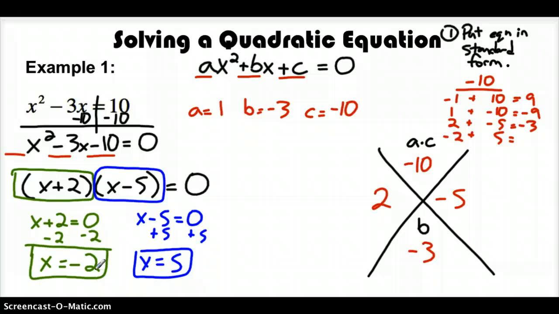Because if I plug in negative 2 plus 2 times negative 2 minus 5, your product will be 0, right? Or if you plug in 5, so it could be 5 plus 2, which is 7, and then you multiply that by 5 minus 5, which is 0. 7 times 0 is 0, right? And so those are going to be our two answers here, okay? Now we're going to go ahead and run through maybe one more example in this video, but it is very, very important that we understand this.